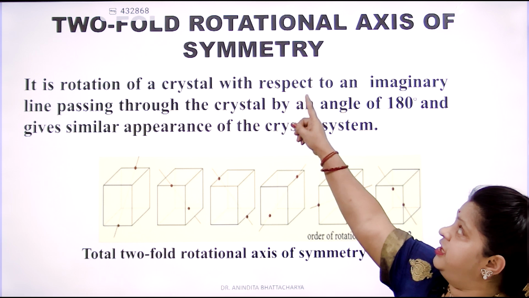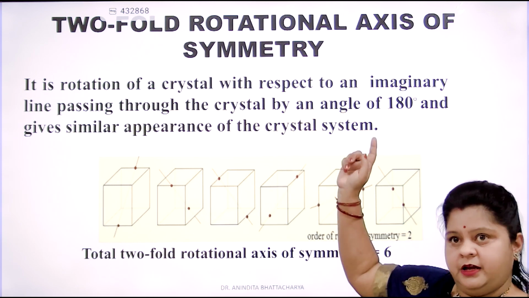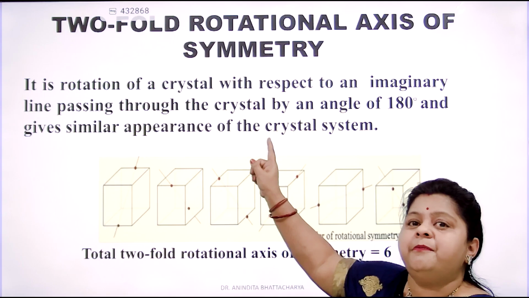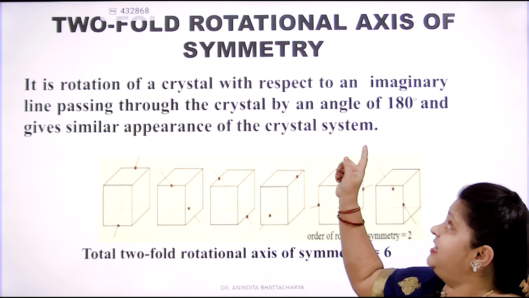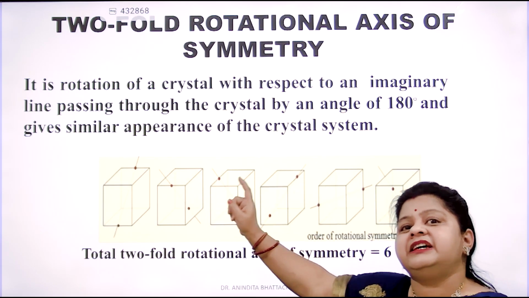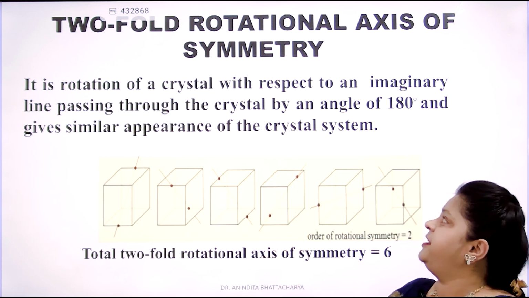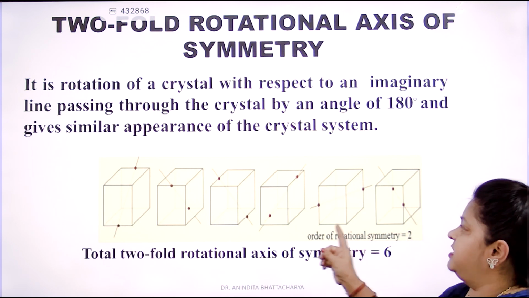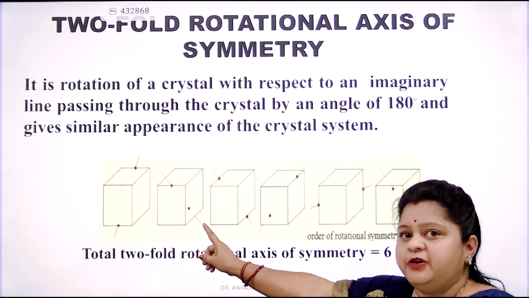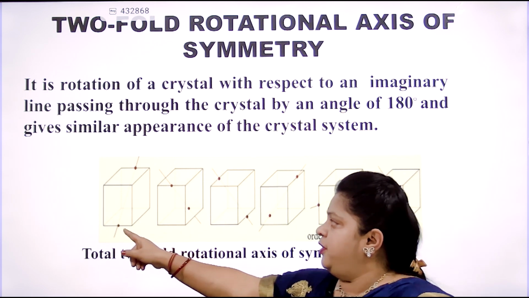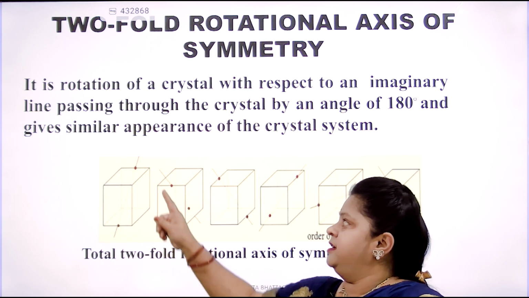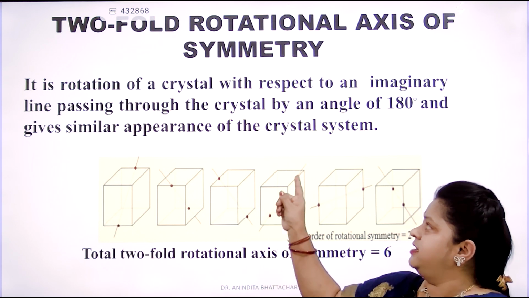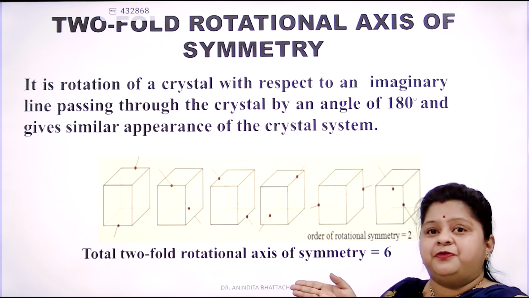If I go for the 2-fold rotational axis of symmetry, it is being rotated by 180 degrees and it gives the similar appearance of the crystal. So, you can see these many figures, one in a cube we are doing this, one from this point to this point, then from this to this, all your opposite faces.